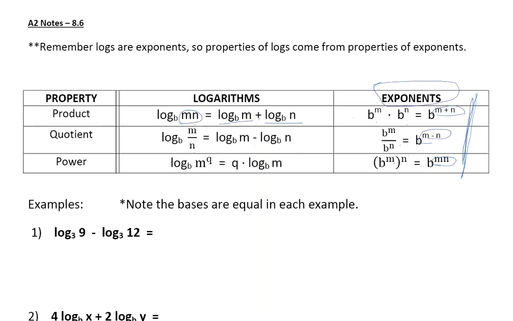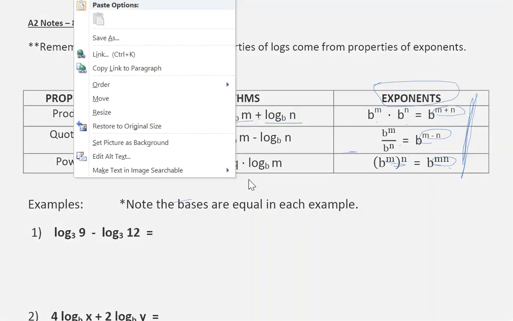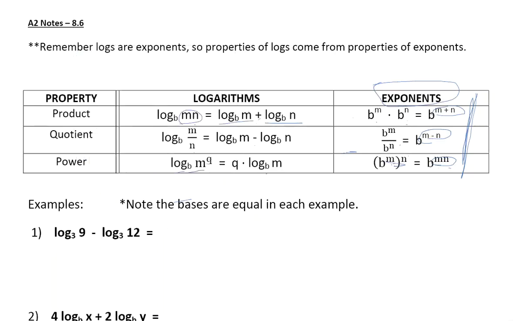This really is a power raised to a power, just like here with m raised to the n power. A power raised to a power, you multiply exponents. So this log base b of m is a power, and we're raising it to another power of q. That's why over here it's q times log base b of m.